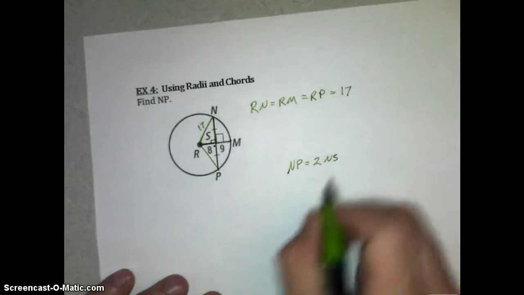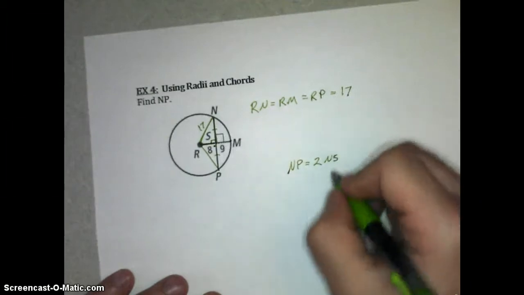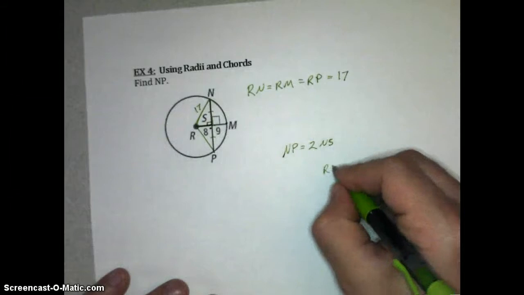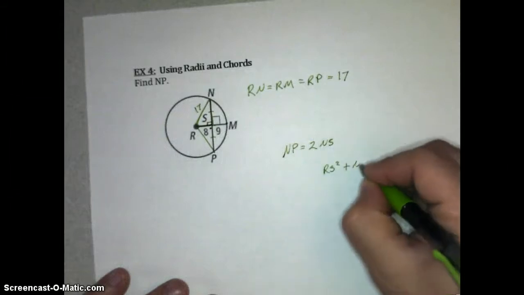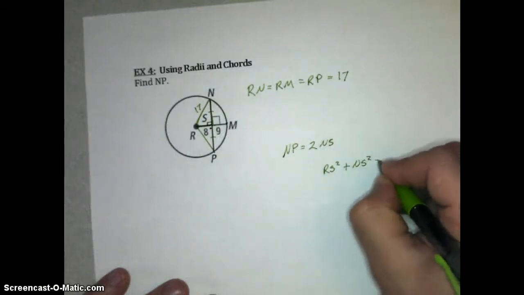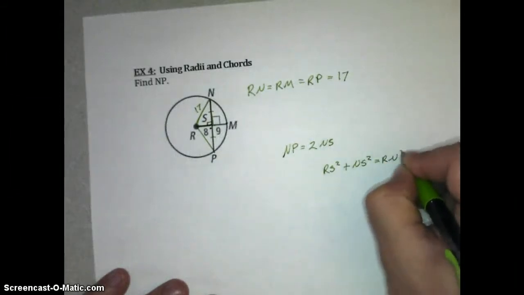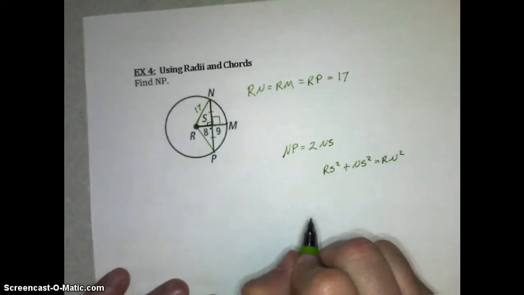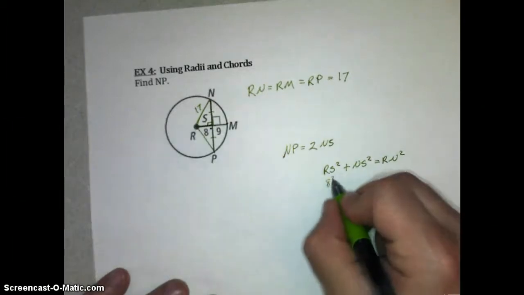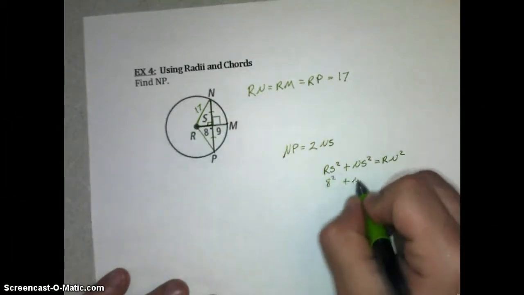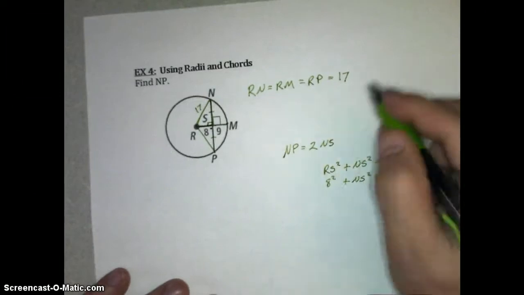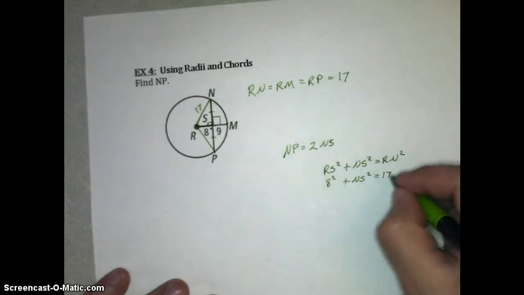So in order to find NP, I'm going to find NS first, using our Pythagorean theorem. I'm going to say RS squared plus NS squared equals RN squared. Let's plug in what we know. RS is 8. NS is what I'm looking for at the moment. And RN is 17.